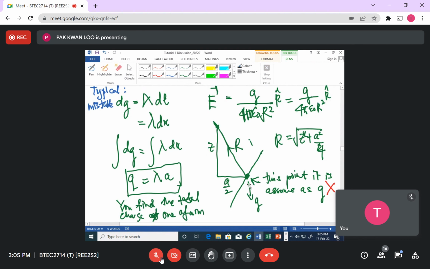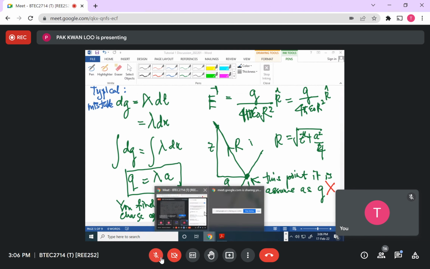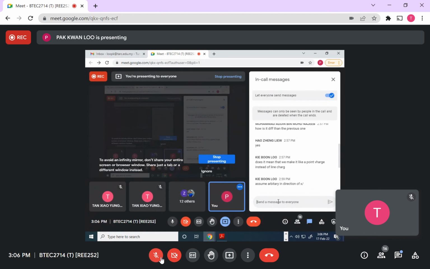Because if you think that this charge is at this point, that is wrong, because the charge distribution Q is distributed over the entire line. It is not at this point.